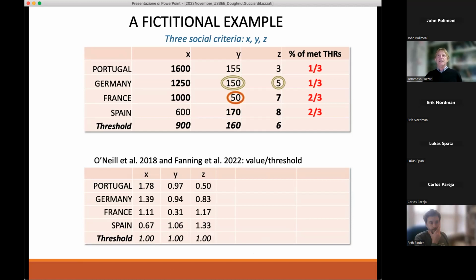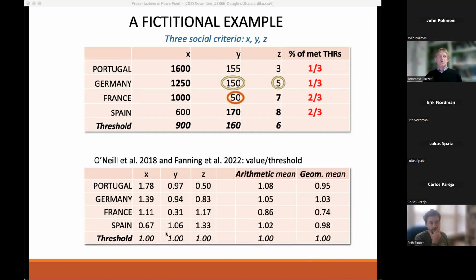They just standardize with respect to the threshold. They say the threshold is equal to 1, and then they have those standardized indicators. And so one possible answer to our question is just to take the arithmetic mean.